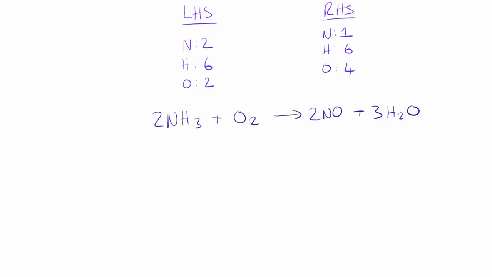And then following that, we say, okay, for the left hand side and for the right hand side, we need to look at what's being produced. For nitrogen, we've got 2 times the N, so that's going to be a 2, right?